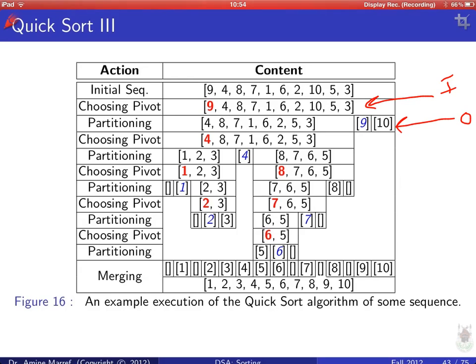If we are always lucky to pick a pivot which partitions the sequence into equal halves, then it's big O of log n. That's the best case. In the worst case, big O of n. So in the best case, we have big O of n partitioning repeated big O of log n times.